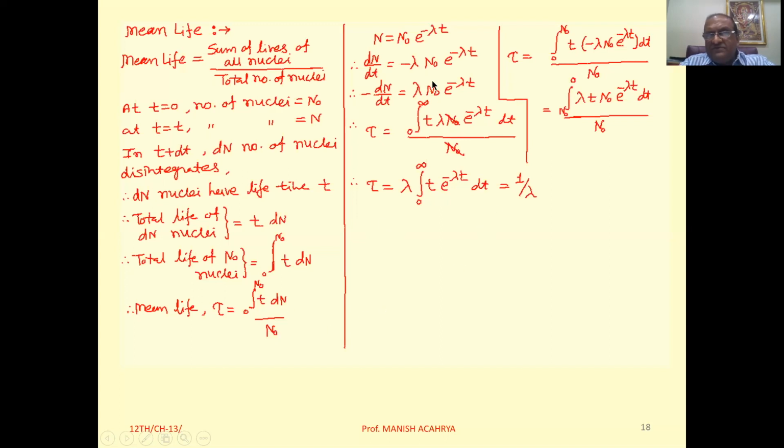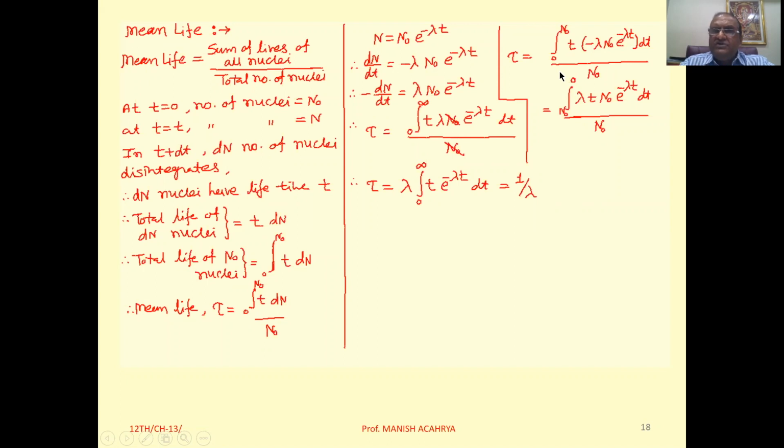But now from this particular equation, we can write dn equal to minus lambda n0 e raised to minus lambda t, and take this dt on the right hand side. So t into minus lambda n0 e raised to minus lambda t dt upon n0 as it is.